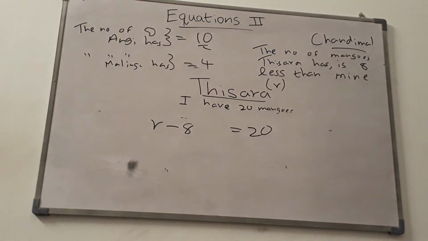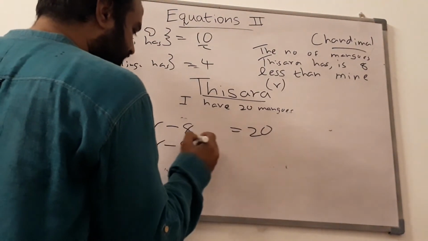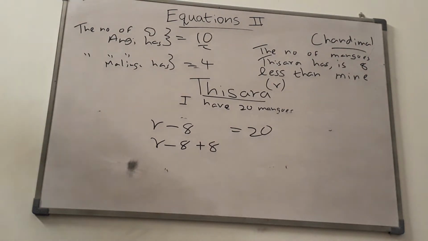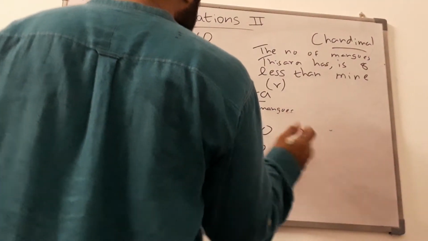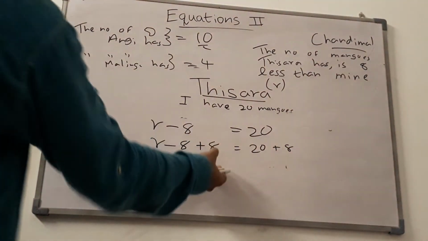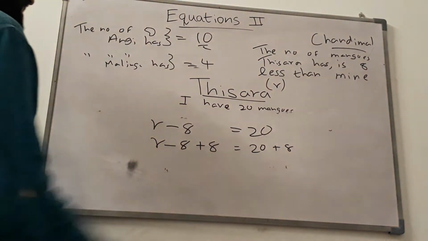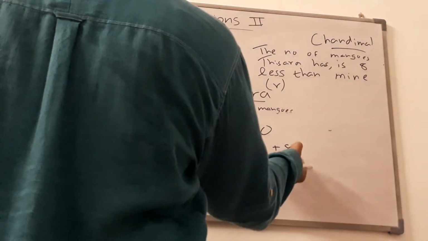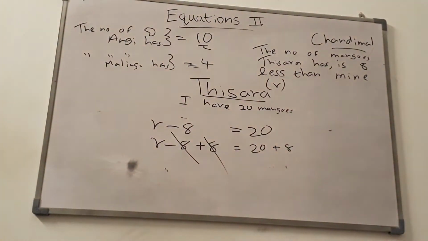Now we have to remove 8. Here we have to add 8. If there is a minus mark, we have to do the opposite thing, addition. To remove minus 8, we have to add plus 8, and we do the same thing to the right hand side: 20 plus 8. So minus 8 and plus 8 get cancelled.